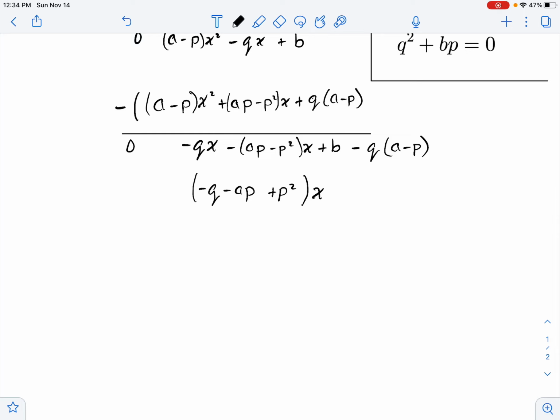So I factor out my x out of this term and out of this term, and then distribute this minus into these parentheses. And then finally, plus b minus q on a minus p. And that's it. That is my remainder.